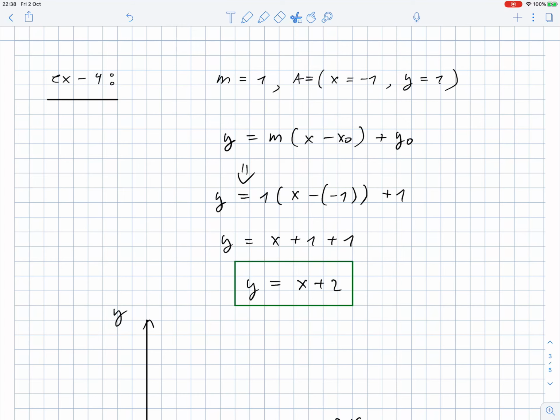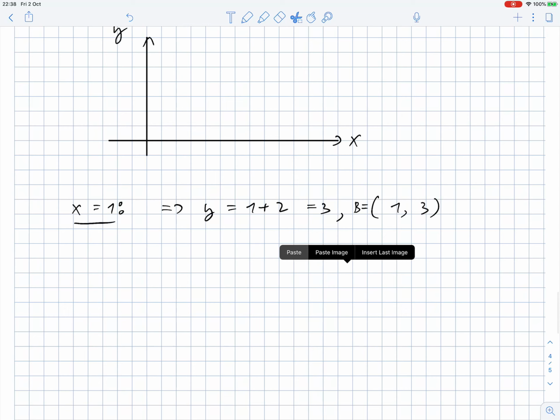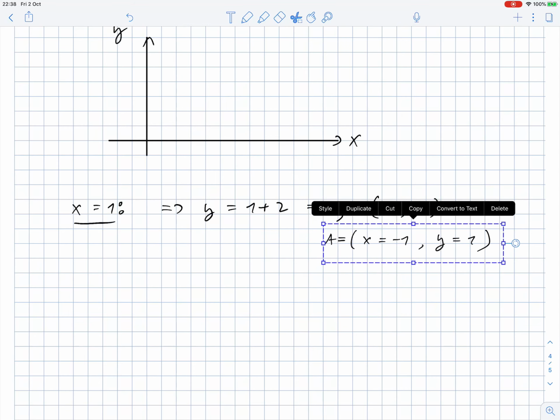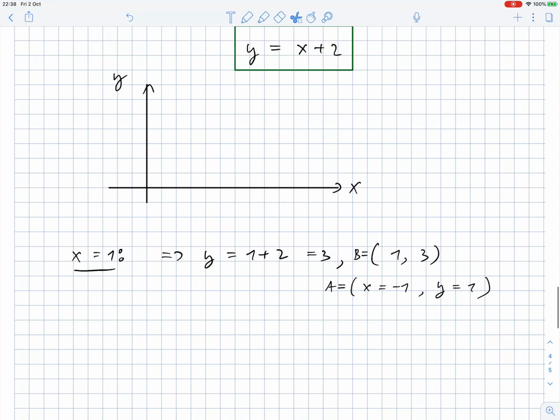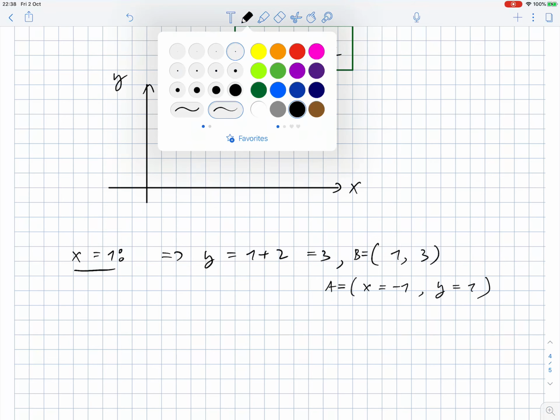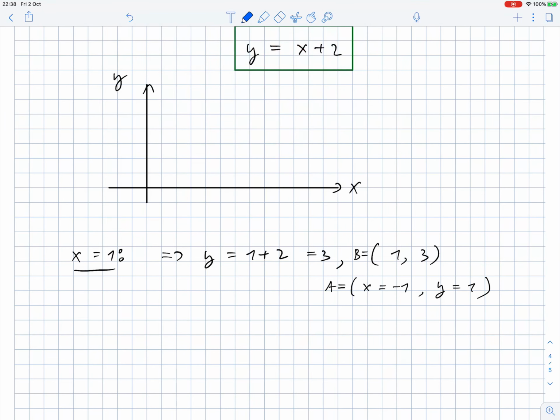Let's copy it and add them to the graph. x equals minus 1, and y equals 1.